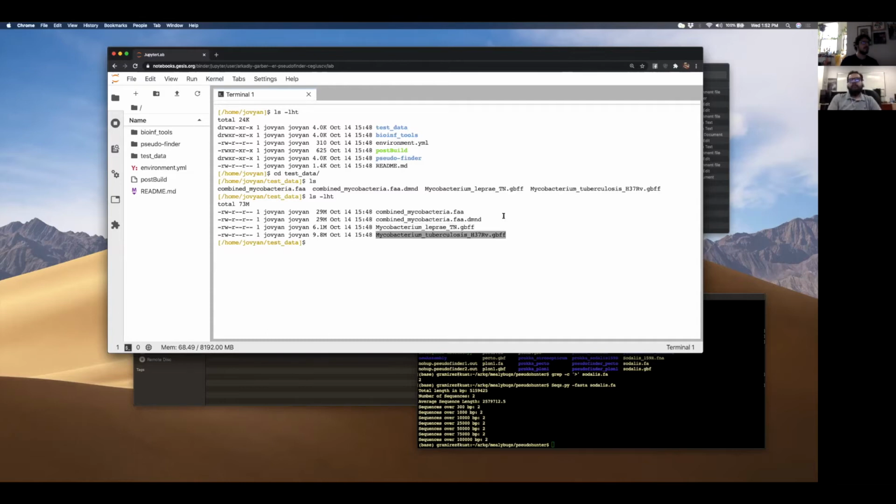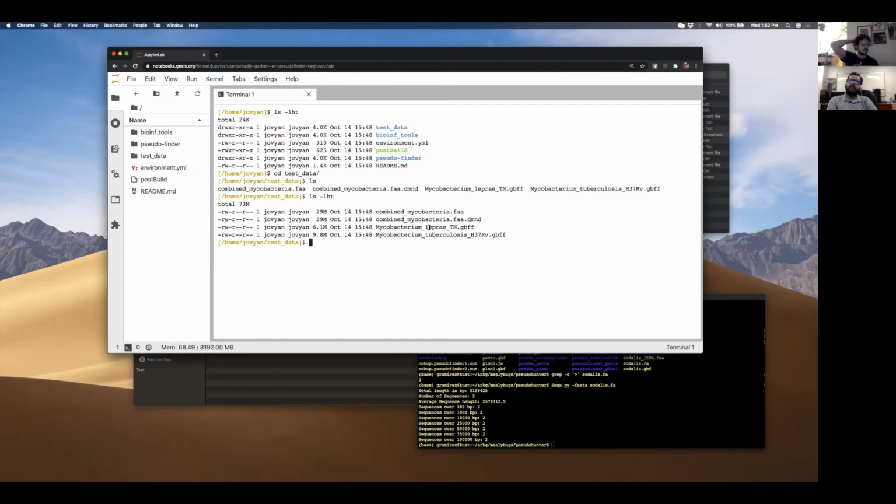And Mycobacterium tuberculosis is another mycobacterium. It causes tuberculosis, and its genome is not in the same state as the genome of leprosy. I'm not 100% sure why Mycobacterium tuberculosis avoided the genomic dilapidation that's occurring in Mycobacterium leprae.